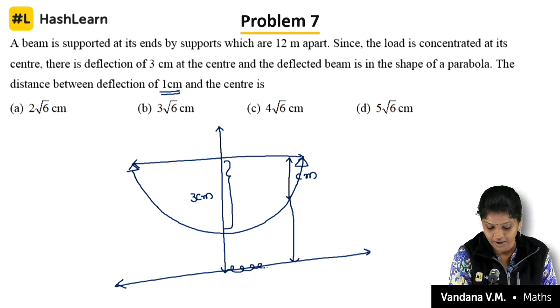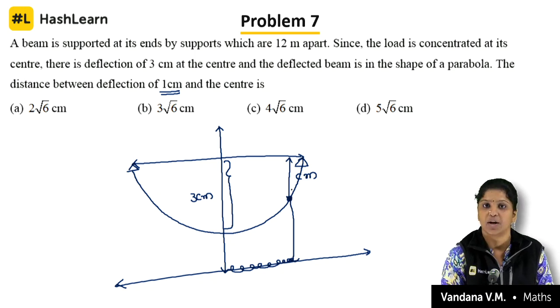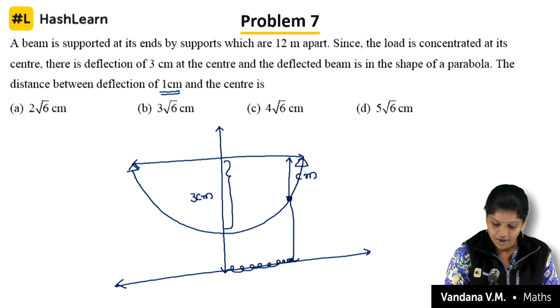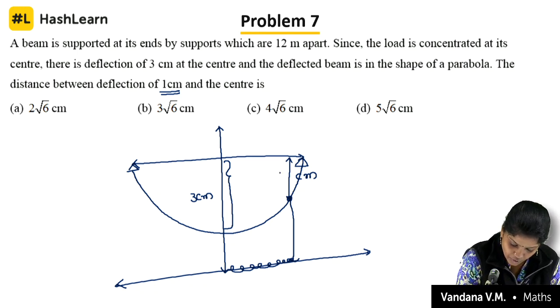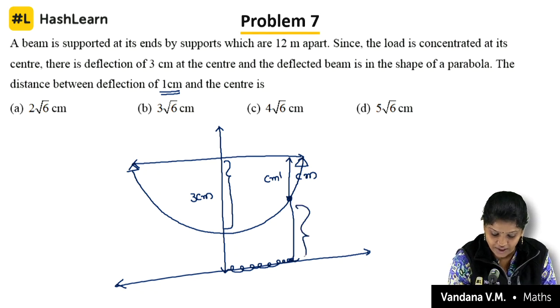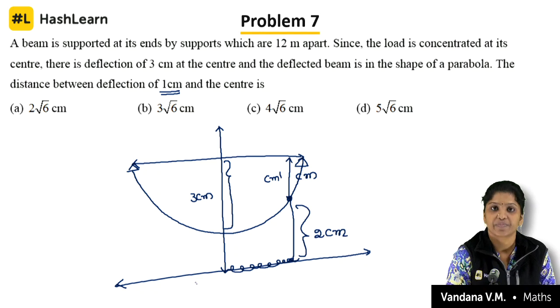Here to here, that is the x coordinate, I would like to find out the distance. Clear? Because it is 1 centimeter, this will be how many centimeters? This will be 2 centimeters.